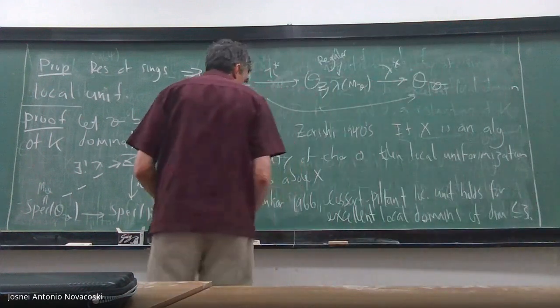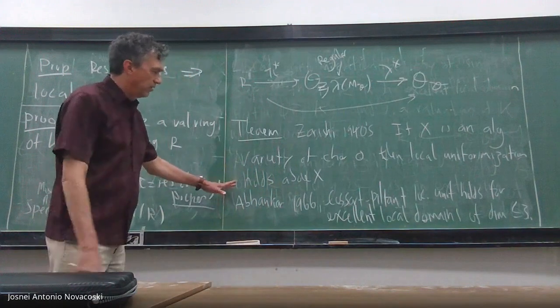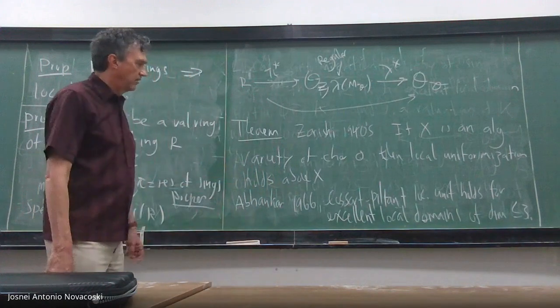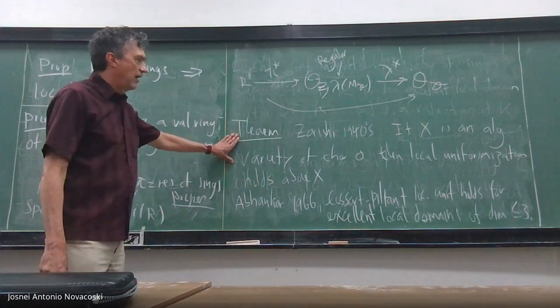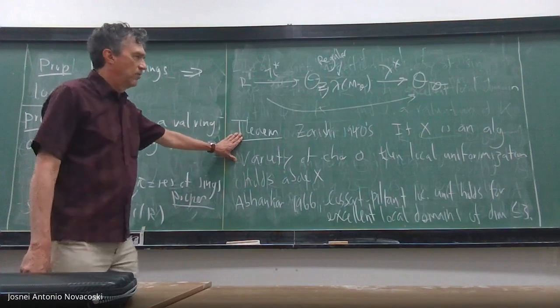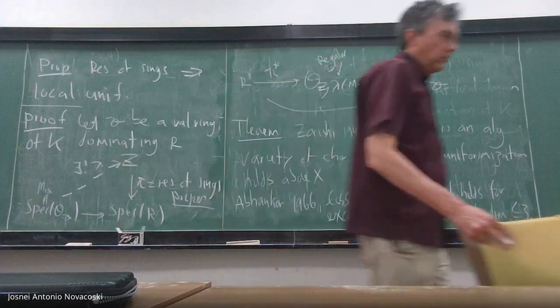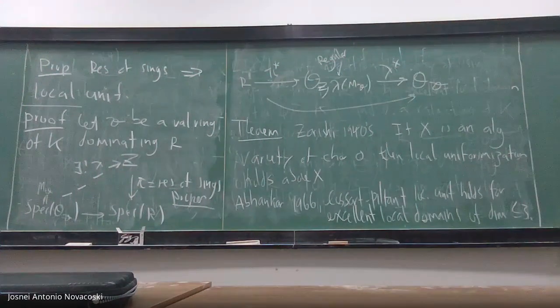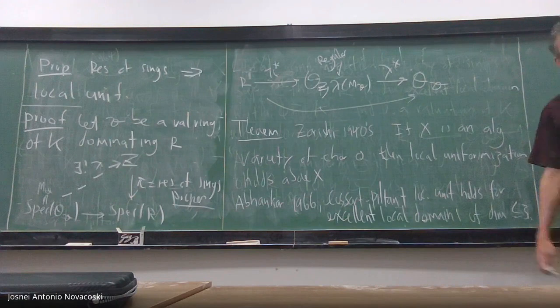One interesting thing about this is that there is an idea coming in here, in Zariski's work, called a hypersurface of maximal contact, and I'll tell you what that is. But it turns out that's something special about characteristic 0.